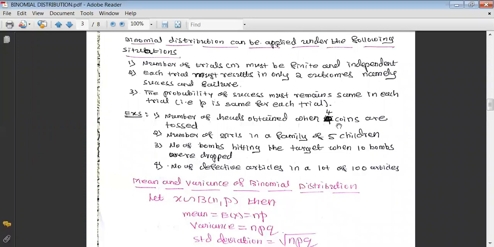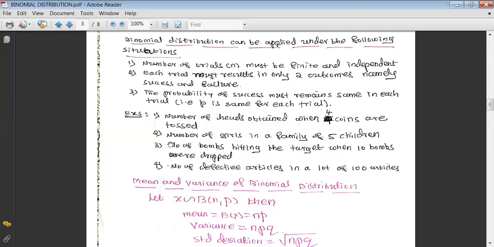For the second, any trial will result in only two outcomes, namely success or failure, so it fulfills the second condition also. If we toss a coin any number of times, the probability of success, that is, the probability of getting a head, remains the same in each toss. That's why this example fulfills all three conditions, and we can say it is an example of binomial.